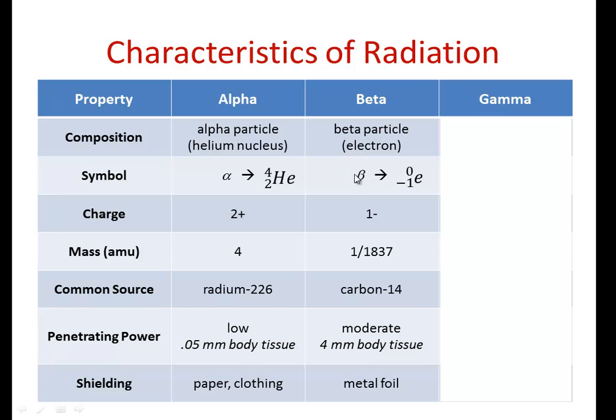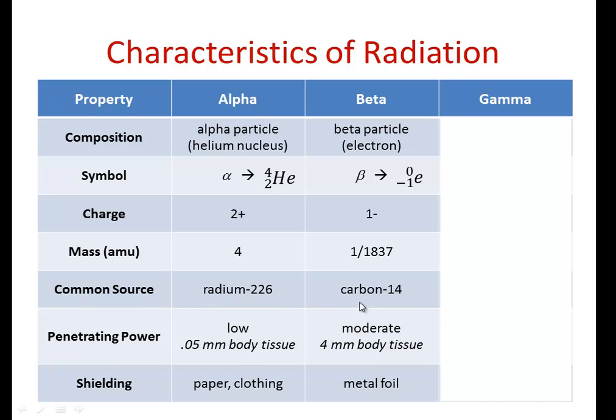It's symbolized by the lowercase Greek letter beta, and we saw this on the last slide. It can be symbolized using this notation. The charge is -1. Even though we said it has negligible mass compared to the proton, the ratio of the masses of an electron to a proton is known fairly well, and it's basically 1 to 1837.